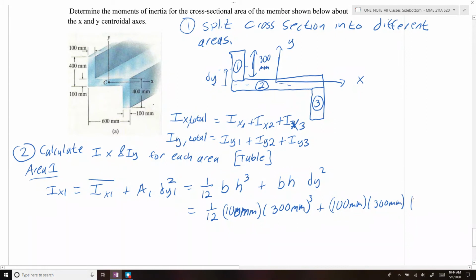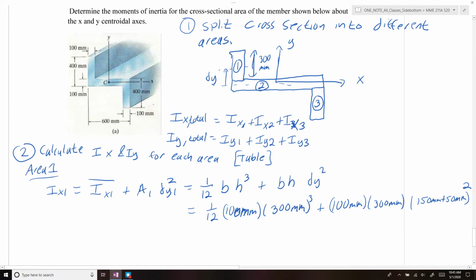And then our dy is going to be equal to 50 millimeters, which is half of the thickness of section 2, plus half of the height of section 1. So it's going to be 150 millimeters plus 50 millimeters, and that's going to be squared.